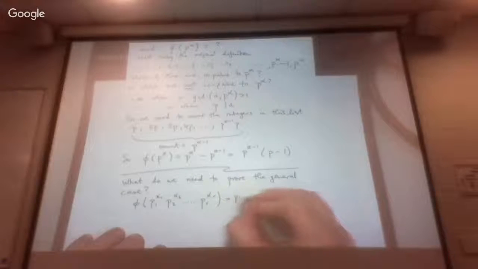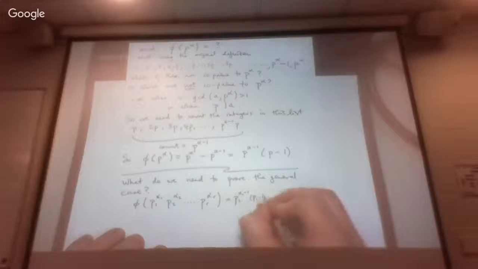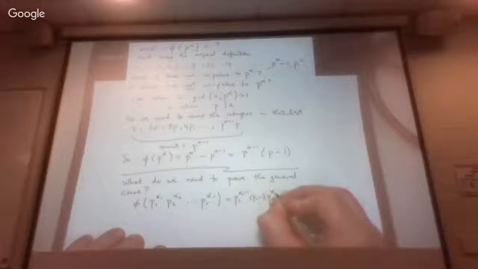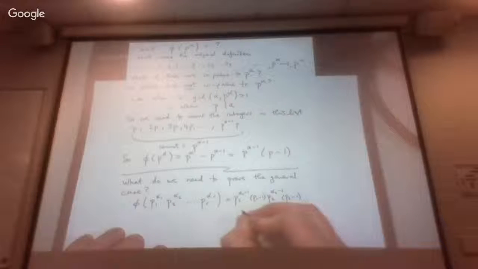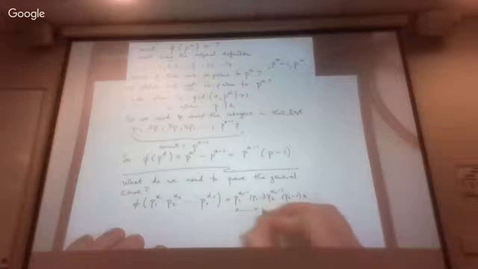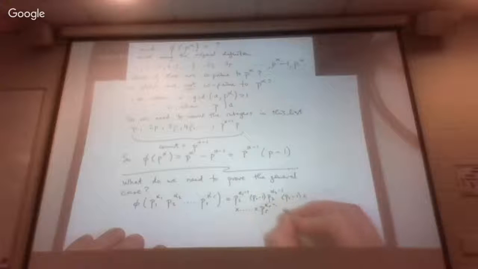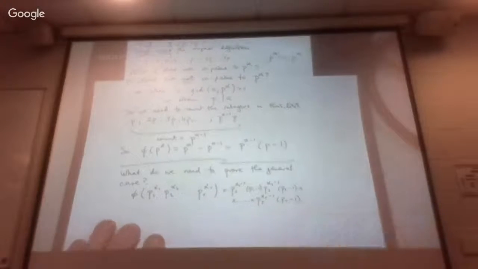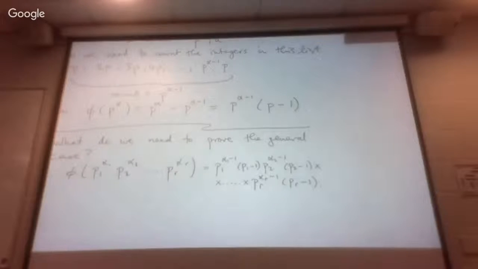And we want to say that it's p1 to the alpha 1 minus 1 times p1 minus 1, p2 to the alpha 2 minus 1 times p2 minus 1, all these things multiplied until you get to the end, which is pr to the alpha r minus 1 times pr minus 1. So this is just the product formula written without the capital pi operator.